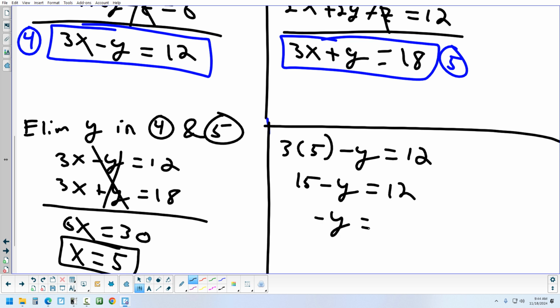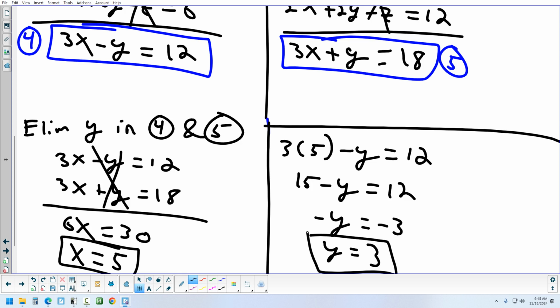So we got to get the 15 over with the 12. And when you subtract 15, what's 12 minus 15? Negative 3. Negative 3. So Tom, what does that mean y is? Y is going to be 3. Okay, so there's your second answer.